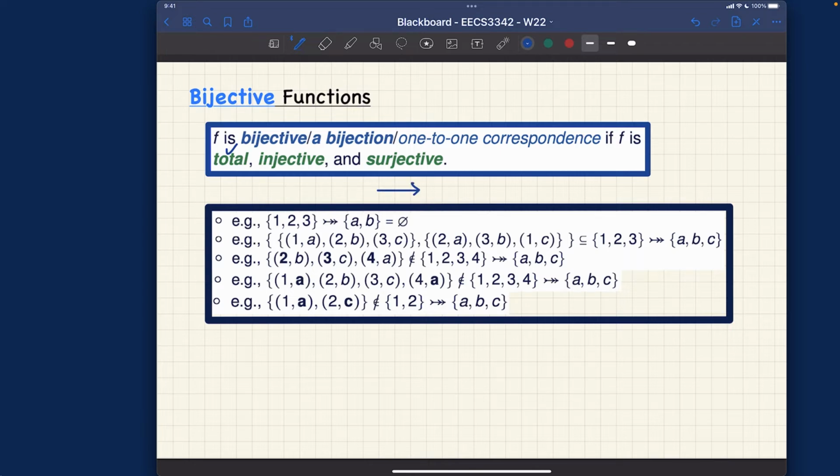Agree? Injective, focusing on the domain values, so that's going to be some tail over here. Surjective, focusing on the range value, so that means we're going to introduce an extra head. That's how I remember it. Otherwise, if you simply memorize it just by how the symbol looks, it wouldn't lead you a long way.